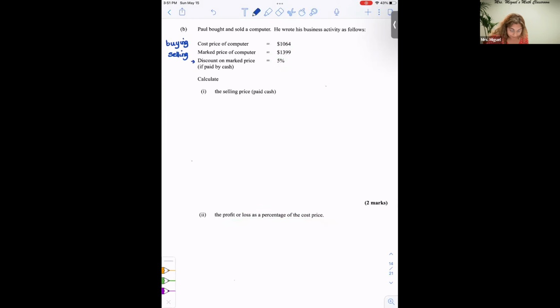So write down this for me and learn it. Percentage profit is profit over the cost price multiplied by 100%. Percentage loss is loss over the cost price by 100%.